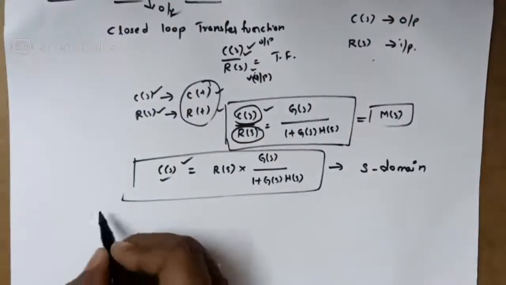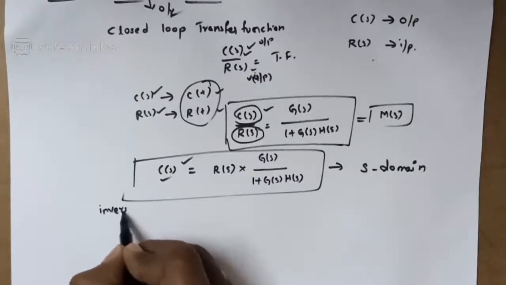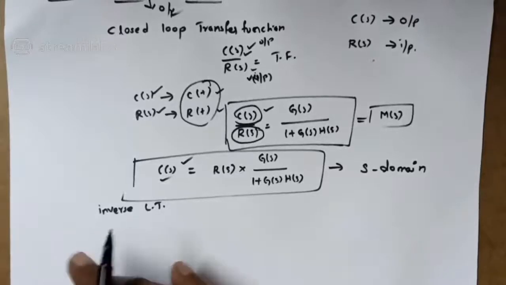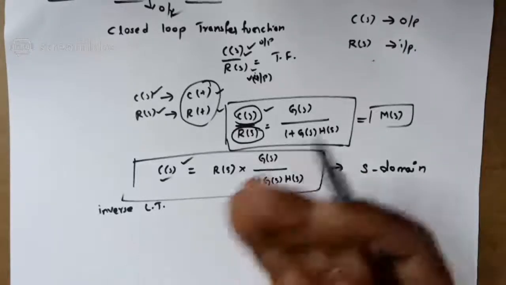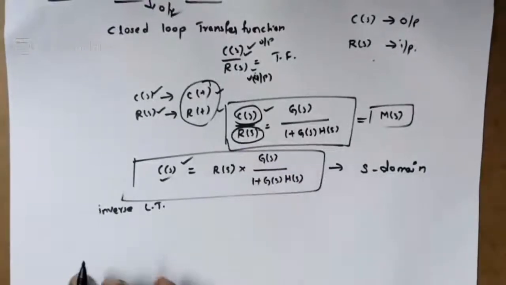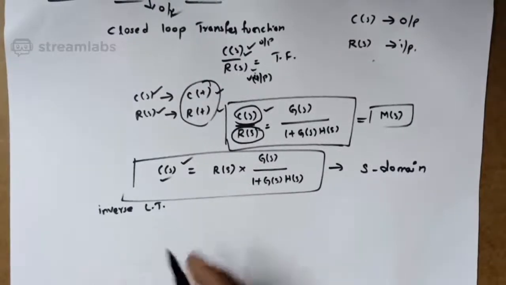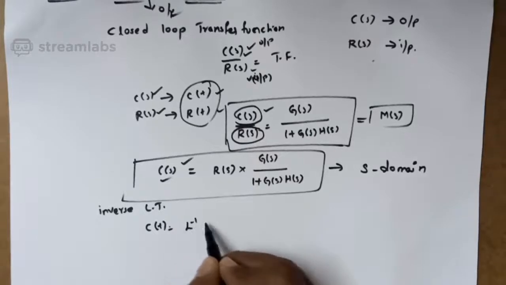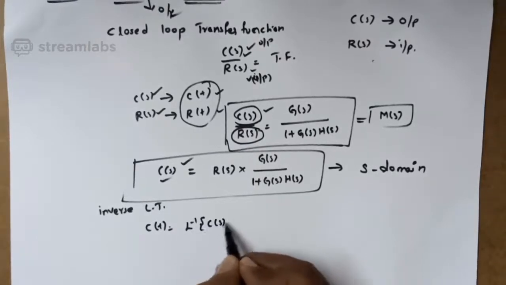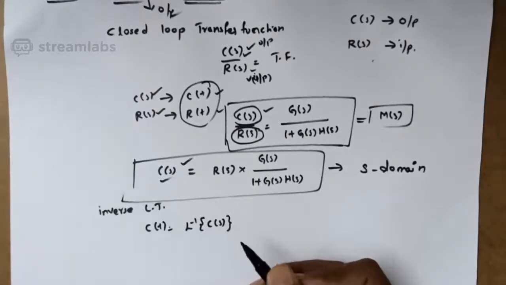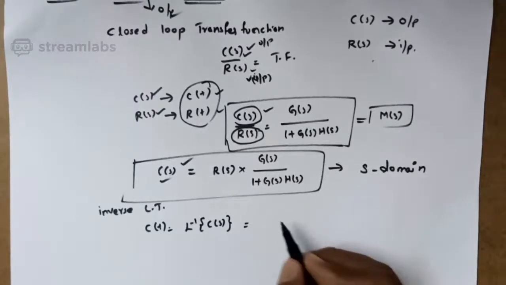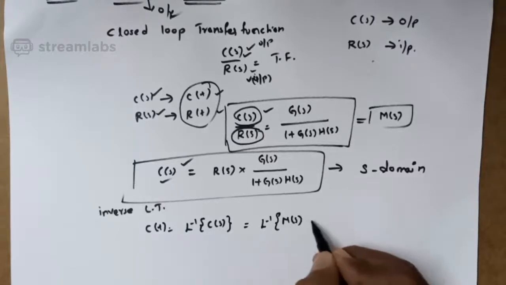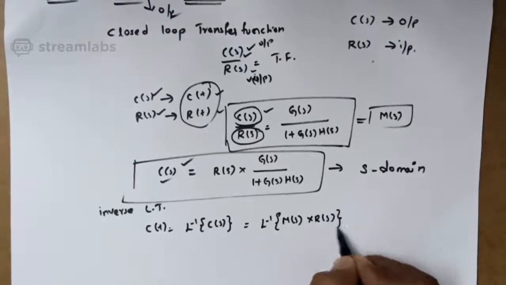Because here M of s equals G of s by 1 plus G of s into H of s. So this is the expression for M of s. Is it clear, guys? So this is the response in time domain.